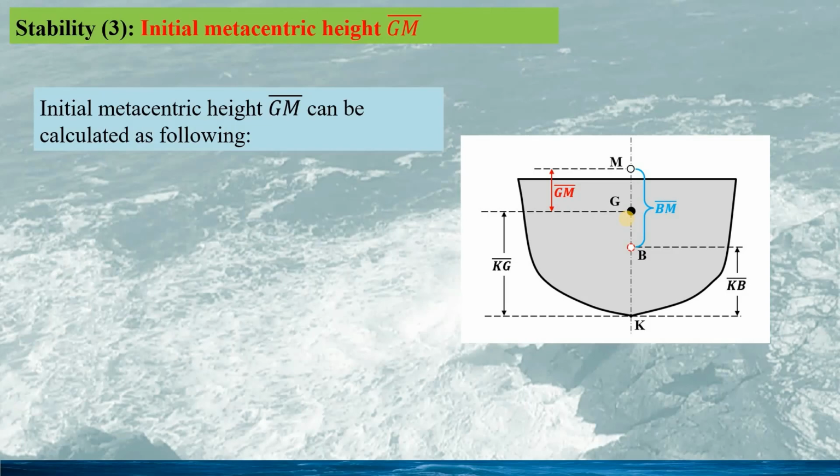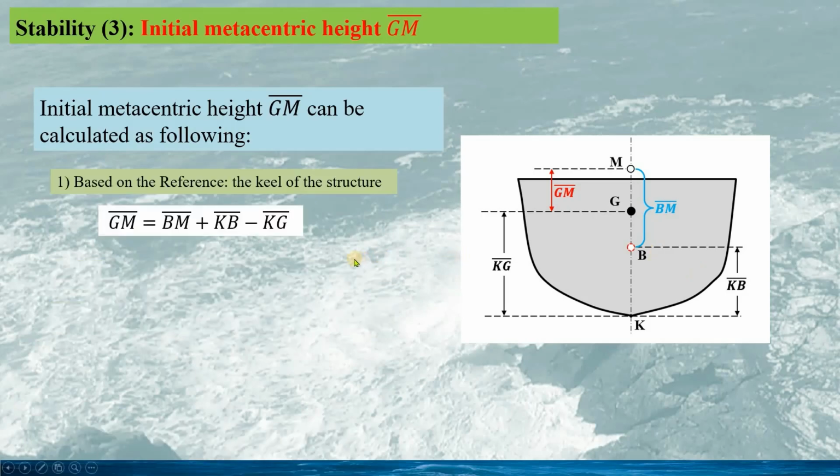And for a floating status, we can calculate the center of the buoyancy easily as B. And from the second moment of the water plane area and the displacement, we can calculate the metacentric radius Bm. So to determine the Metacentre M, if we have all these three centers, we can calculate the inertial metacentric height in a very easy way.